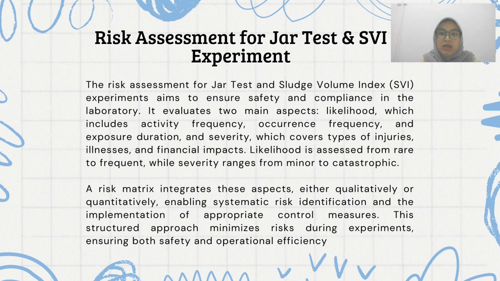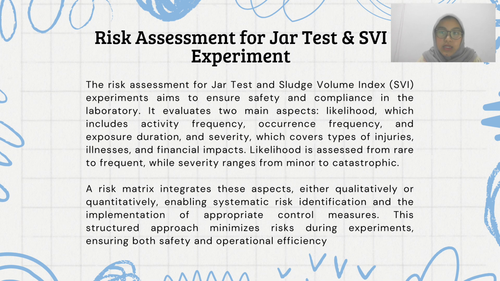And the next slide, risk assessment for jar test and SVI experiment. The risk assessment for jar test and sludge volume index (SVI) experiment aims to ensure safety and compliance in the laboratory.